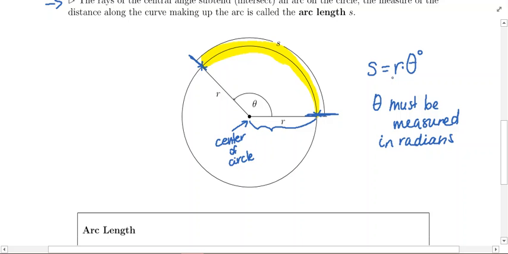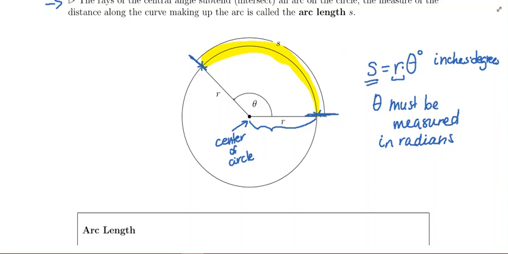The radius is itself a length, so it would also be measured in inches or feet or whatever you're using. Let's say we were using inches. This would be inches times degrees. That doesn't make any sense. You're trying to calculate the arc length, so you should be expecting inches as the units of measurement.